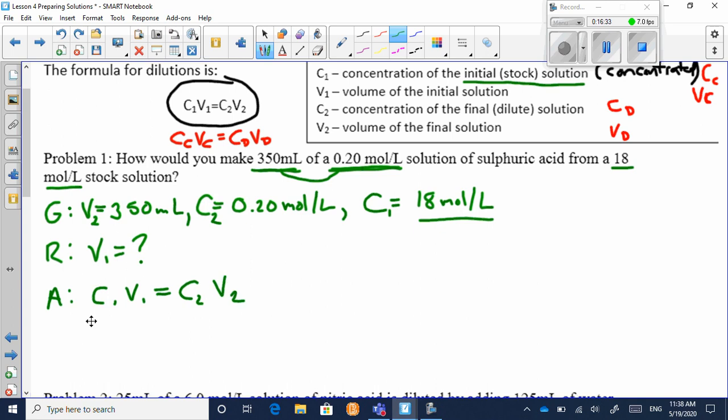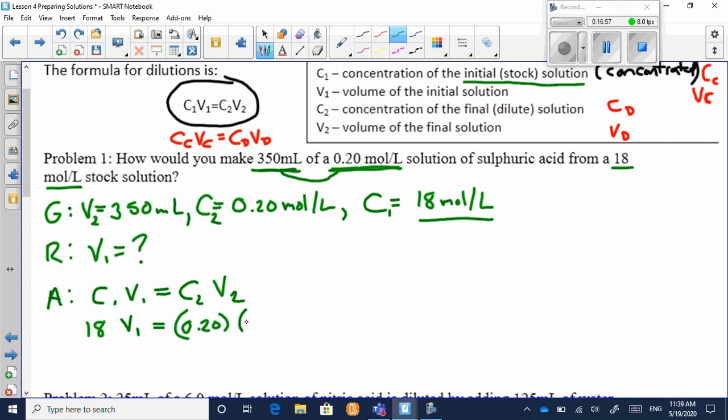And I'll plug my numbers in. 18 times, I don't have V1, so I'll just write V1. And then C2 is 0.20, and V2. Now, this is interesting. Do I need to switch it to milliliters? Well, in a question like this, where you have the same units on both sides, you don't have to switch it.